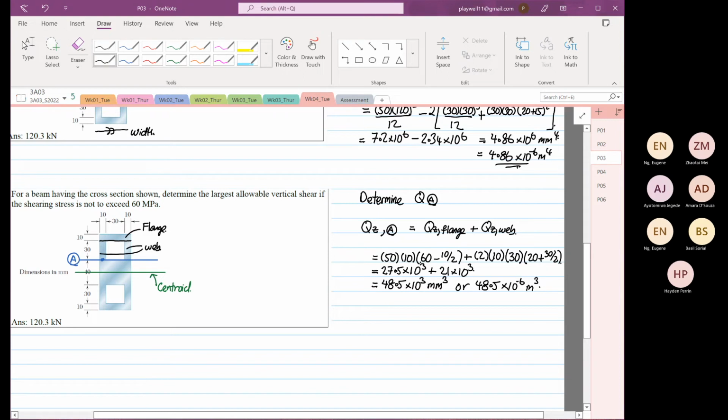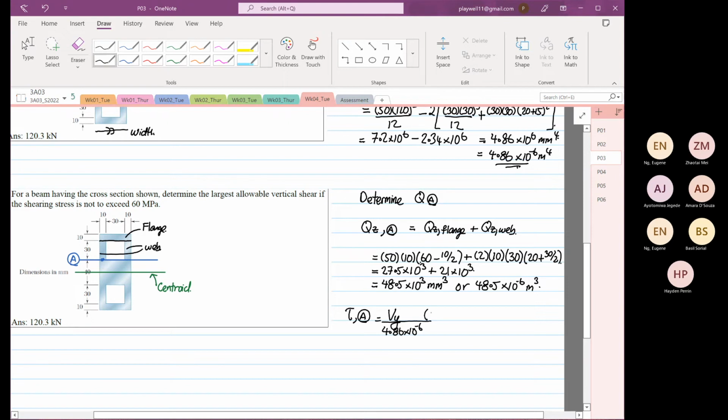So from here, we can calculate our stress at point A. V we don't know. IZZ we know is 4.86 times 10 to the power minus 6.